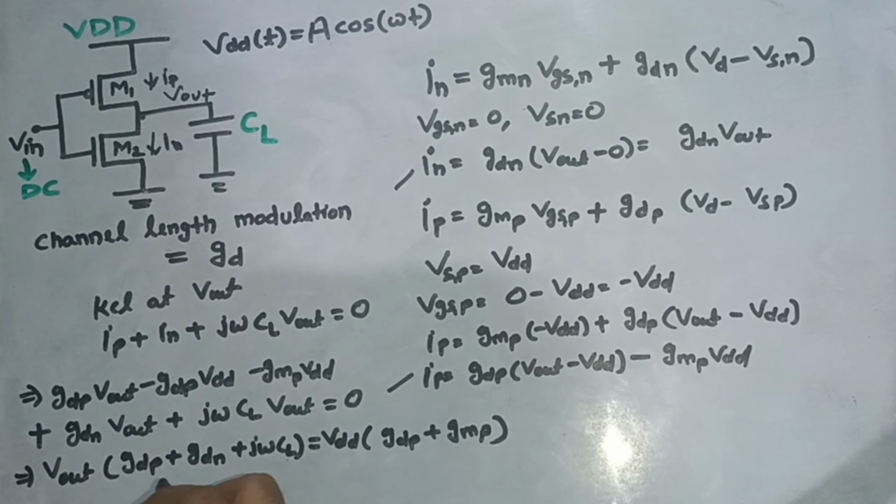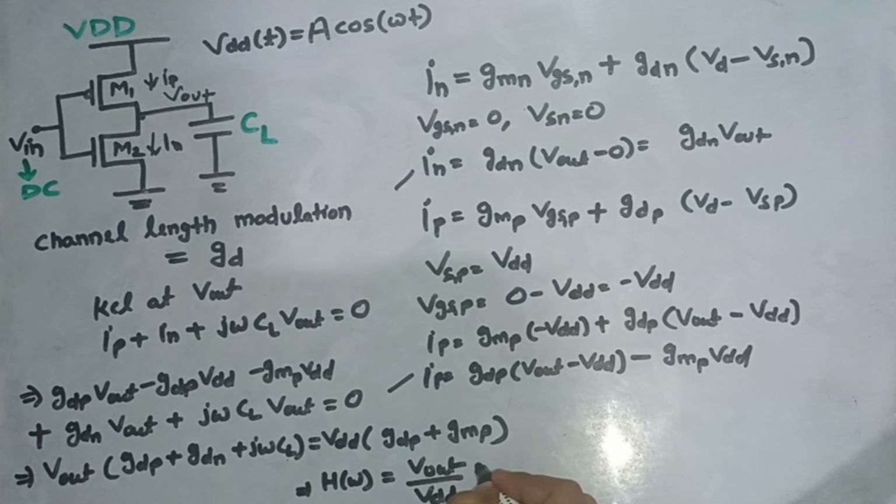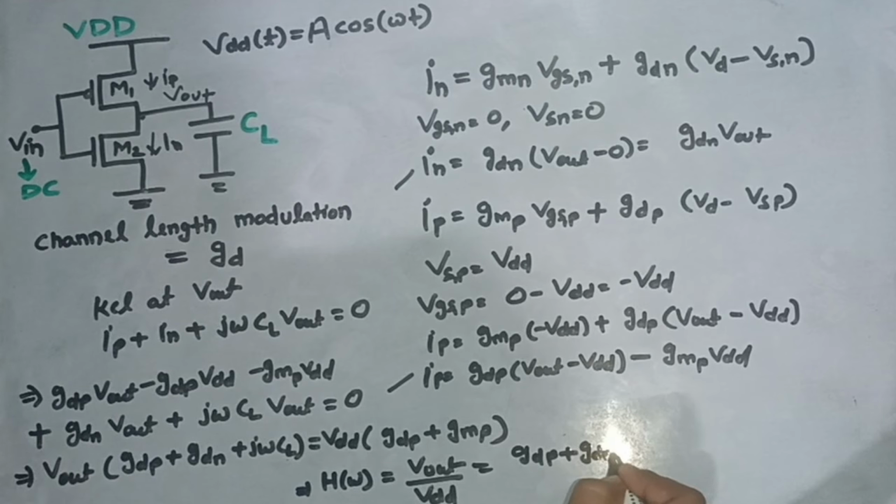Now the transfer function H omega would be equal to V out upon VDD. So this will be equal to GDP plus GDN plus j omega CL, divided by GDP plus GMP.